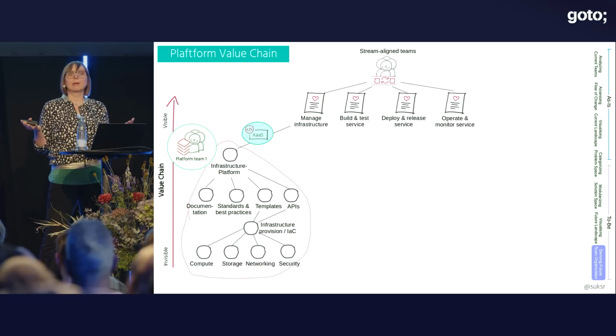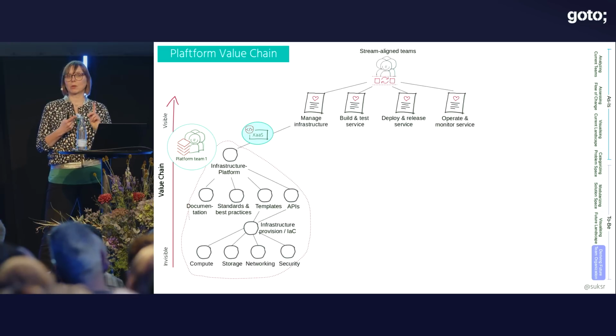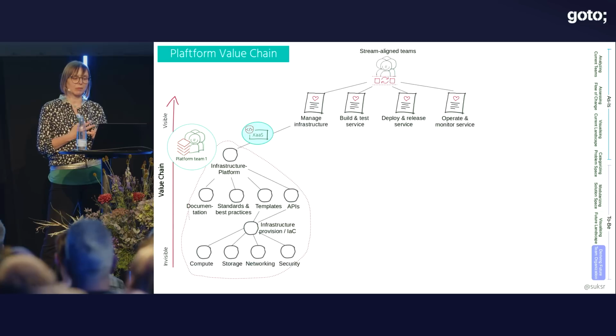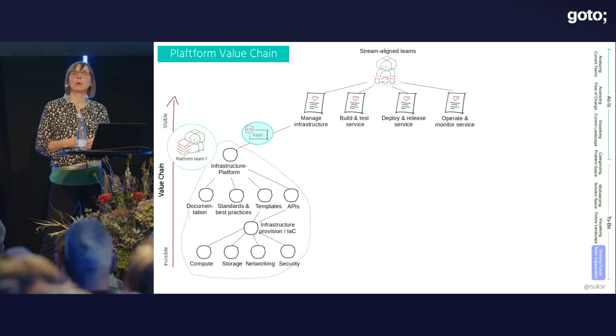And in general, the platform can start very small. It can start with just documentation, describing standards, describing best practices or providing templates, and can evolve later into a digital platform with self-service APIs and tools.